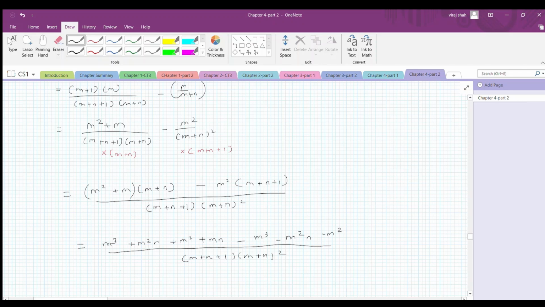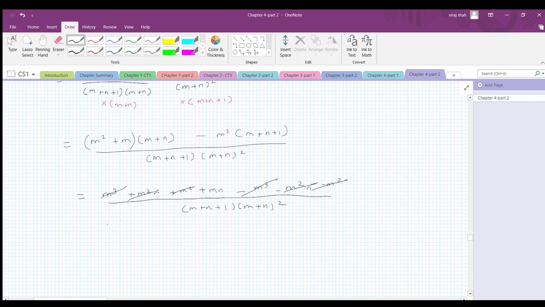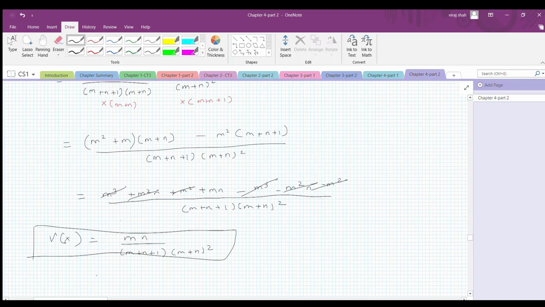Now I can simplify. This and this gets cancelled. This and this gets cancelled. This and this gets cancelled. So I'm basically left with mn upon (m plus n plus 1) into (m plus n) the whole square. I got my variance, right? So yeah, I've done the proof for my variance aspect as well.